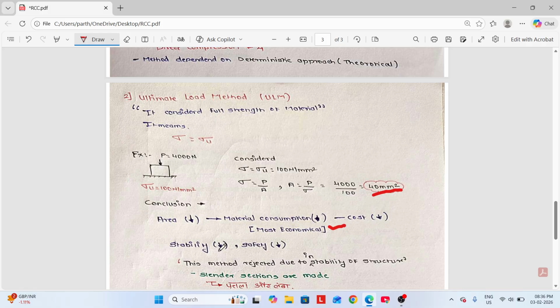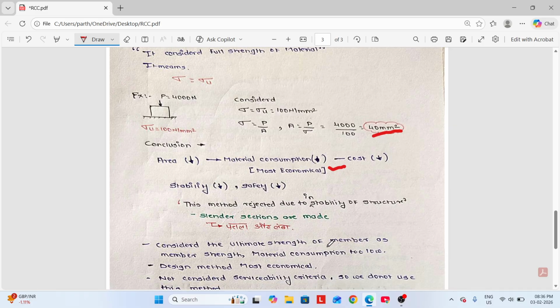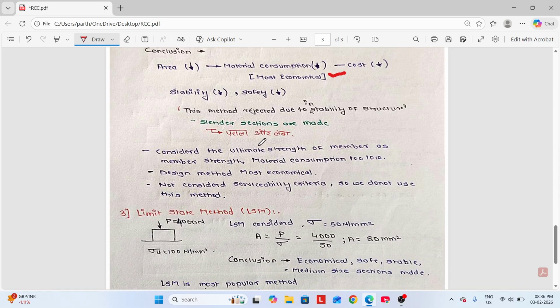But here we can see the stability and safety also decrease. So this method is rejected due to instability of the structure, so the sections made in this are slender sections, or we can say thin sections. It considers the ultimate strength of the member.